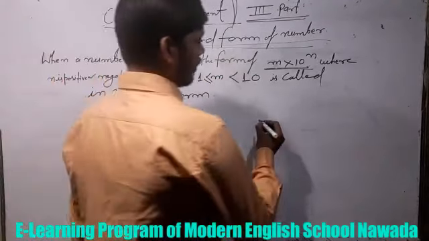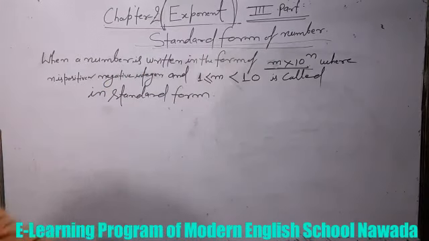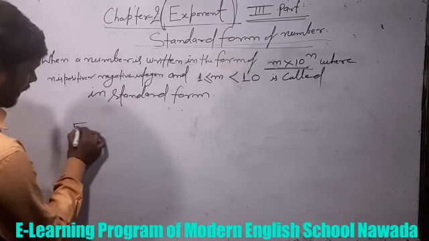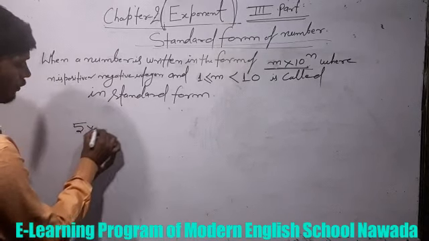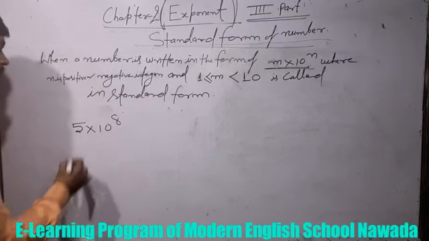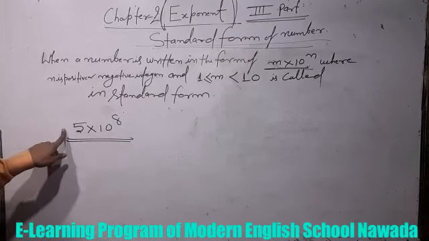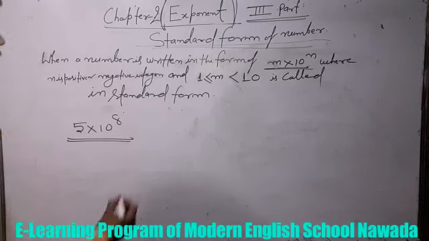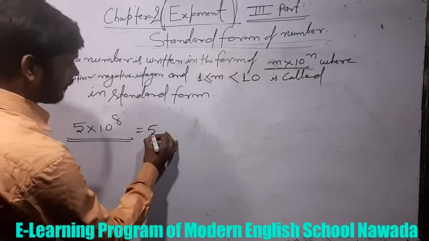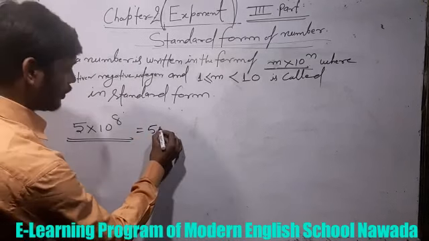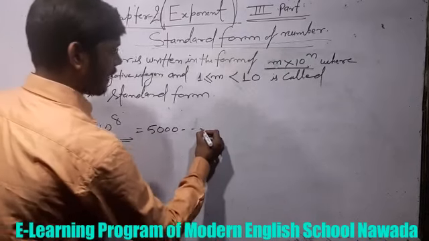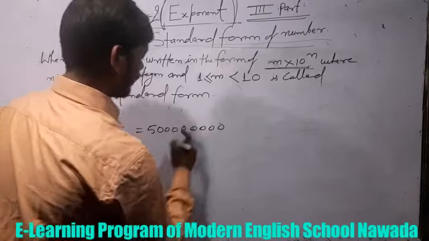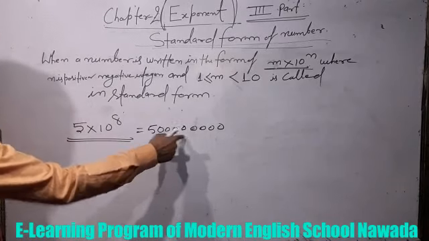Suppose a number is written 5 into 10 to the power 8. Its original form is 5 followed by 8 zeros, 500000000.